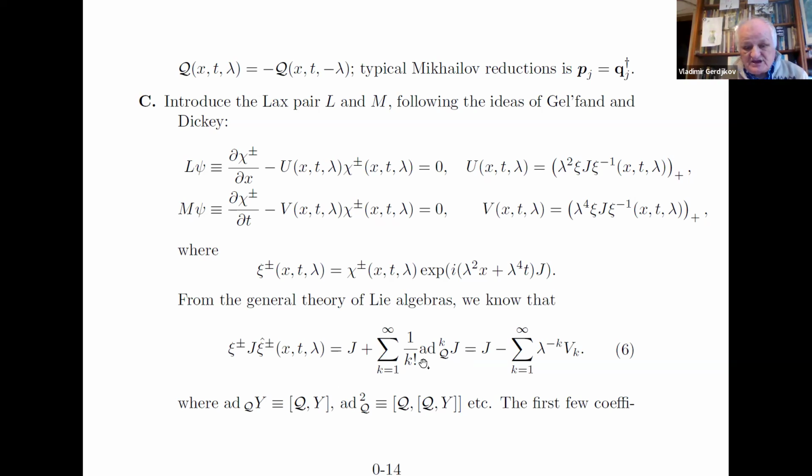What does it mean? It means that ad Q, acting on any element of the Lie algebra, is just taking the commutator with it. Ad squared Q means that we must take the double commutator, etc.